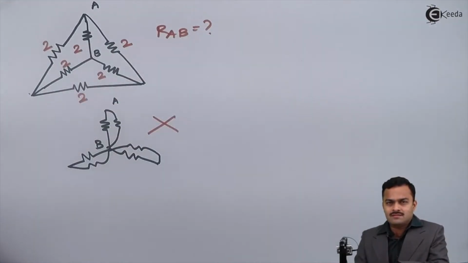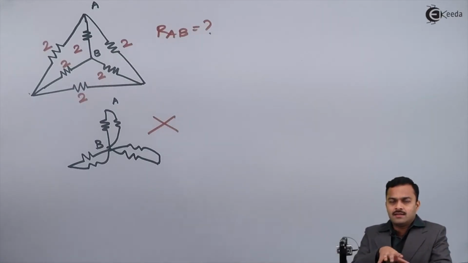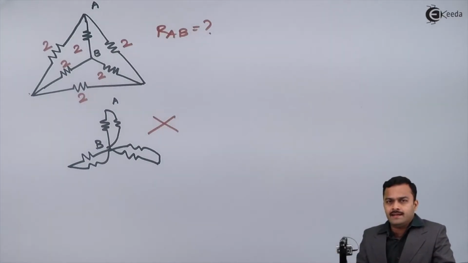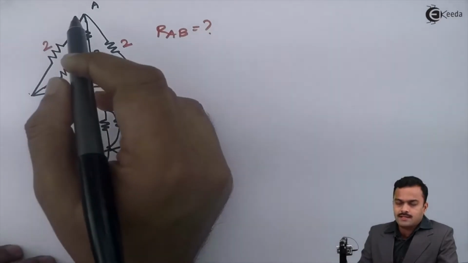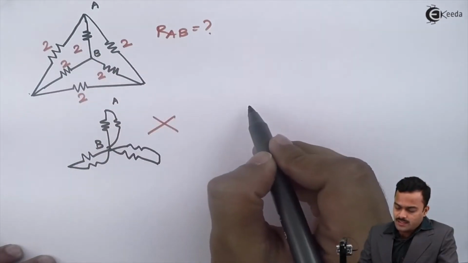You have one star and you are connecting one more star like this without having any interconnection between the neutral points. So if you want to convert the outer delta into star, it has to be like this.